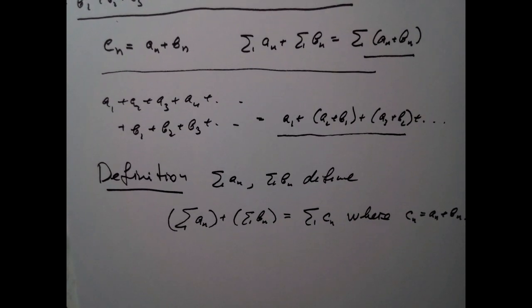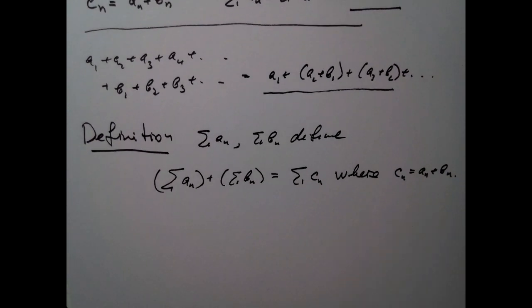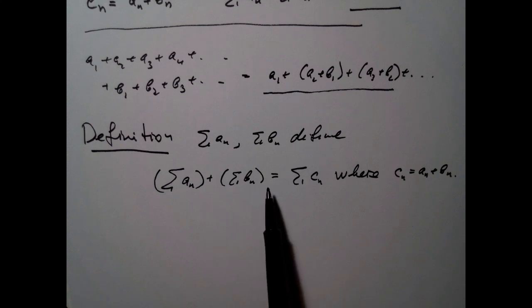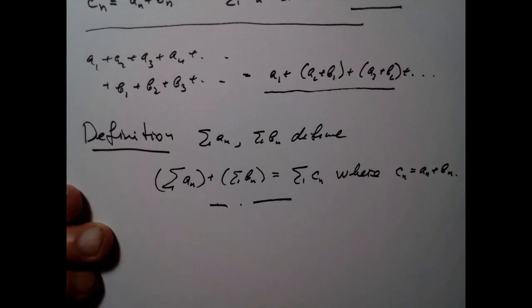So I spent here God knows how many minutes talking about this totally trivial and obvious stuff, but I'm doing it on purpose because I want to make sure that you understand that this is a definition. And while it seemed to be trivial, it is still a definition that you need to know. Okay.